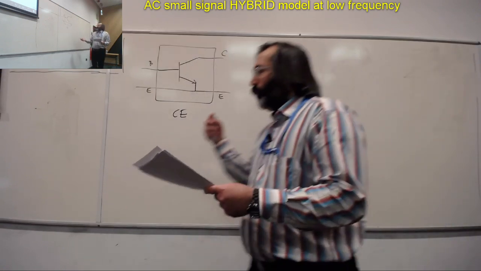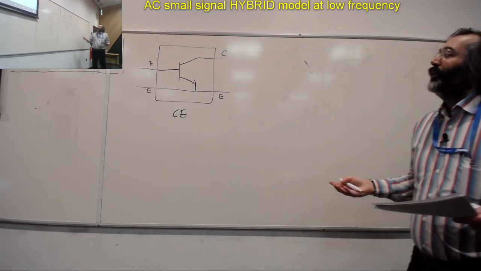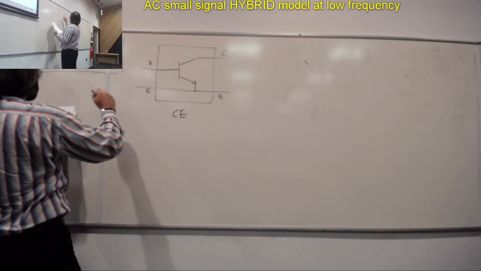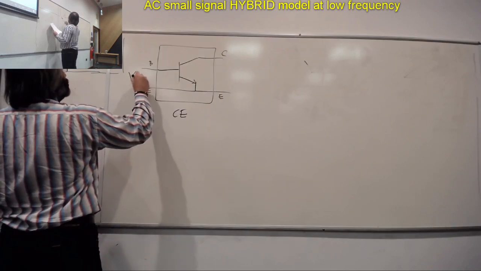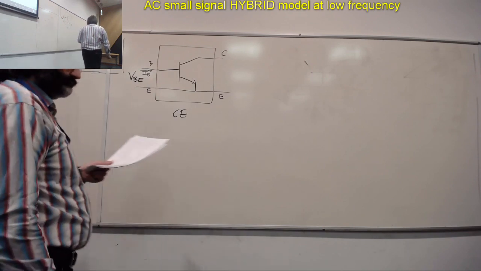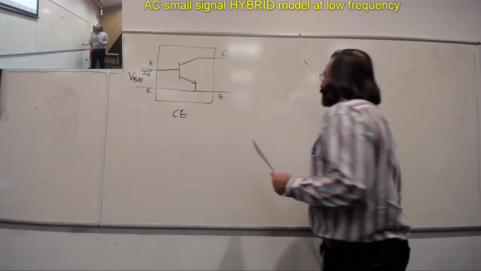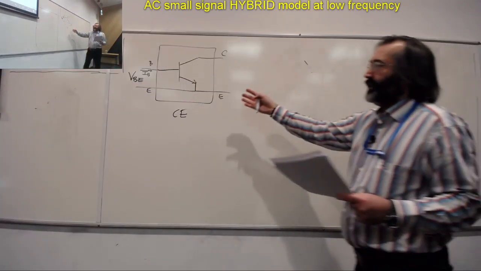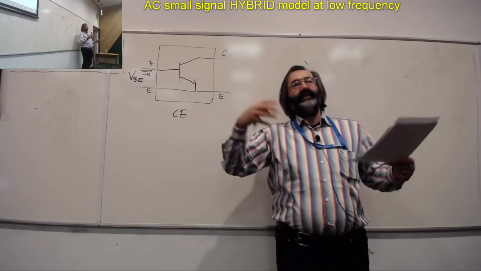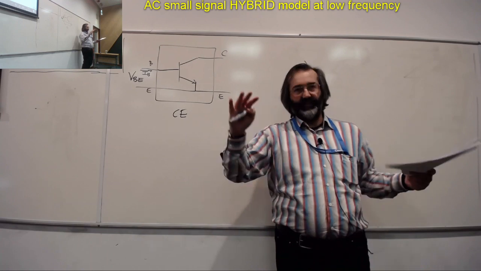So what are we going to do now? Up until now, let's pick here, this is VB, isn't it? And here we have IB. Now we've dealt with VB, or all the other quantities, as DC quantities, constant.